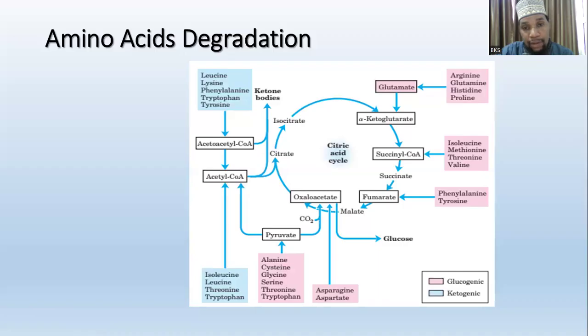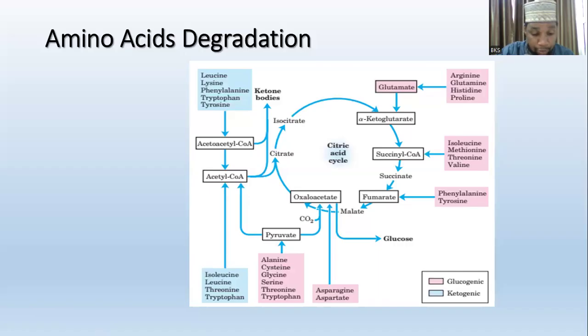Another method is that when energy is needed in the system, amino acids can be converted to energy, for the production of ATP, or an energy source for production of metabolites, or a storage form of this energy, like glycogen and triglycerides.